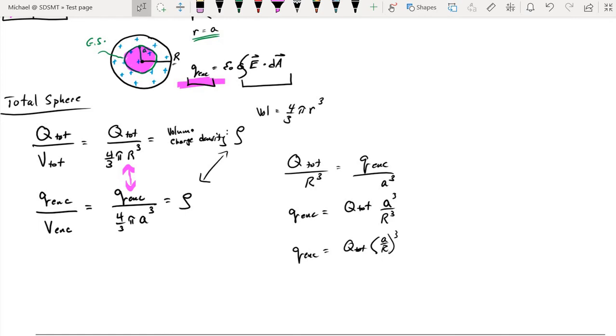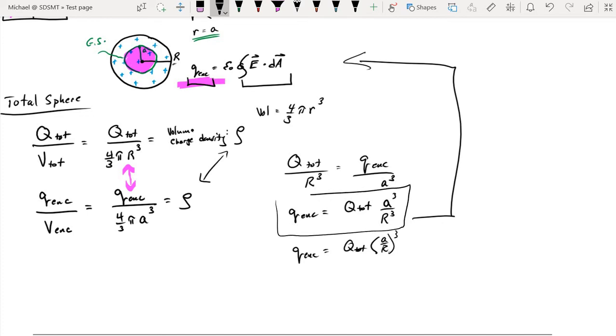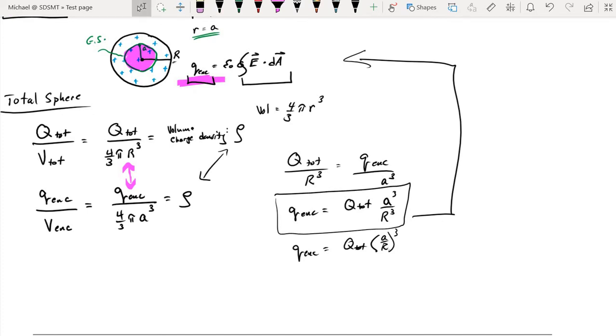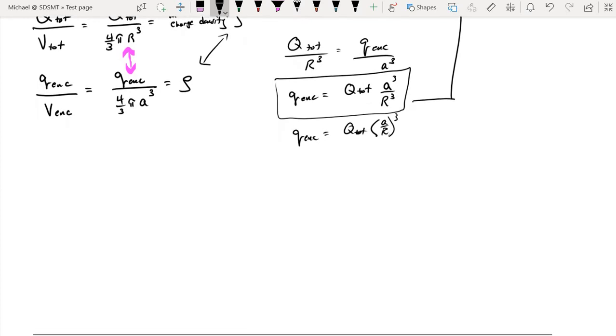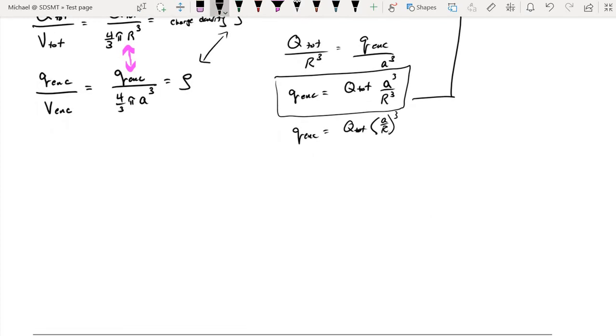Well, now that we know what our enclosed charge is, we can plug that into Gauss's law. I'm actually going to use this version just because I've done this derivation before, and we're eventually going to introduce an area expression for our container, which is also going to have some values of little a in it, and I'd like to be able to cancel some of those out.